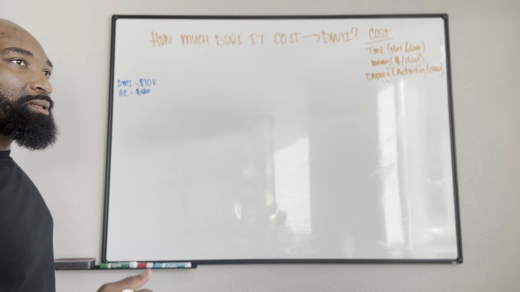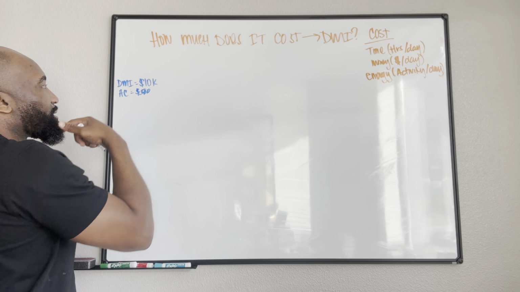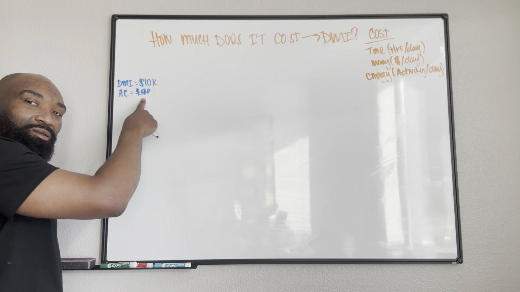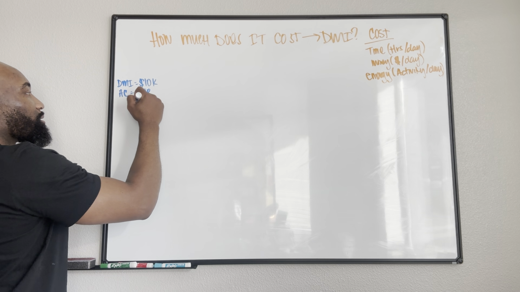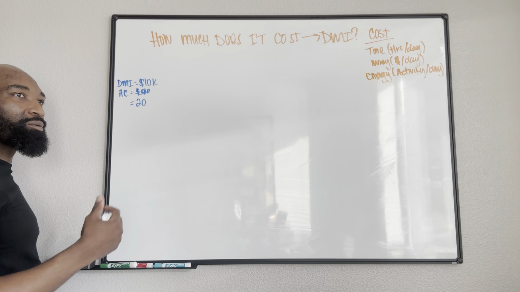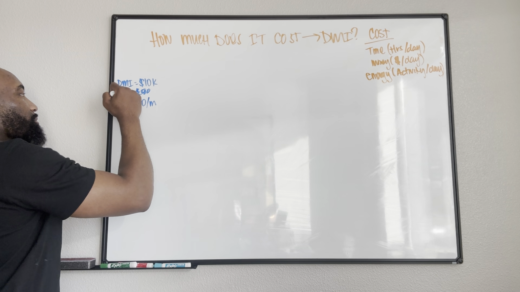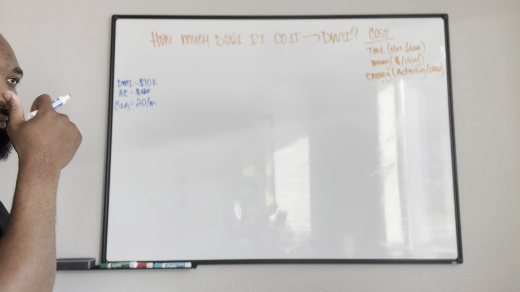So if your desired monthly income is 10,000 and your commission is 500, then you need to close 20 per month in order to reach your desired monthly income, right? Closes. 20 closes per month.